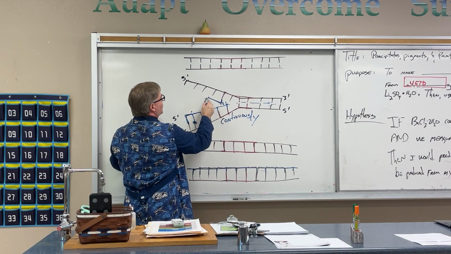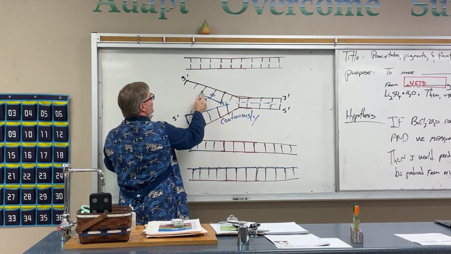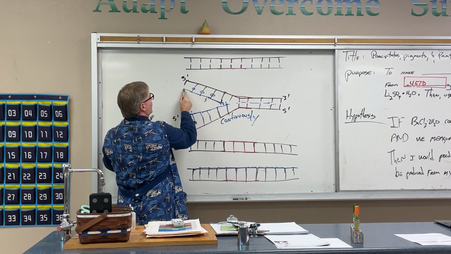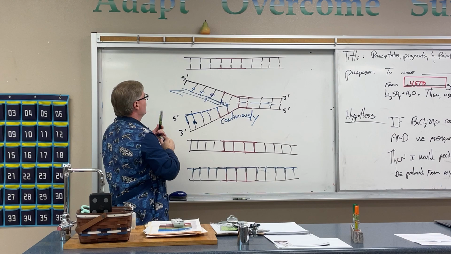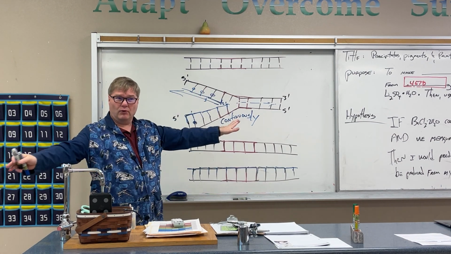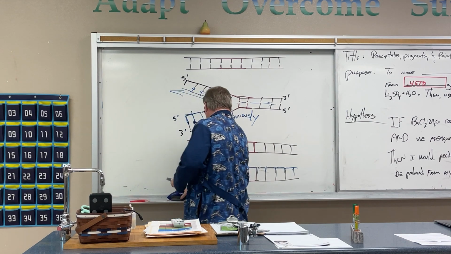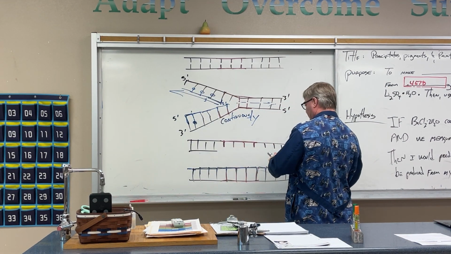This would be the nucleotide's 3' end. Then it reads this, and it grabs another nucleotide, and it reads this, and grabs another nucleotide. And so what it does is it builds that top piece this direction. And at the end, if that was just the whole story, at the end, what you would have is just this.